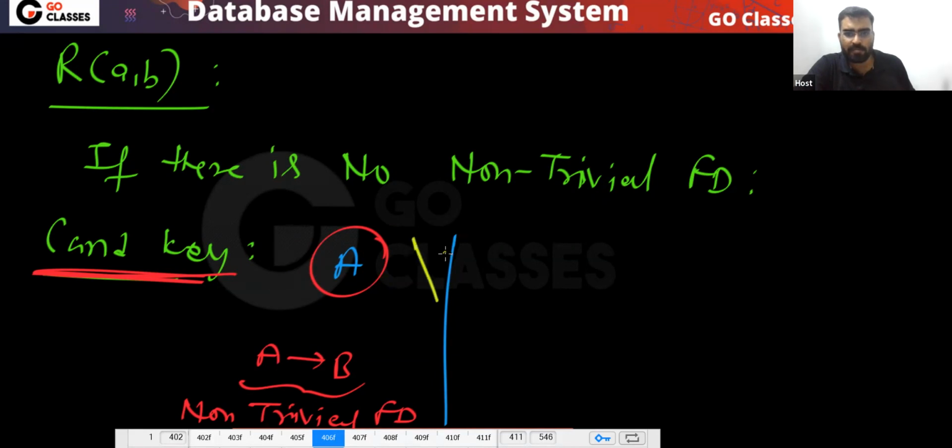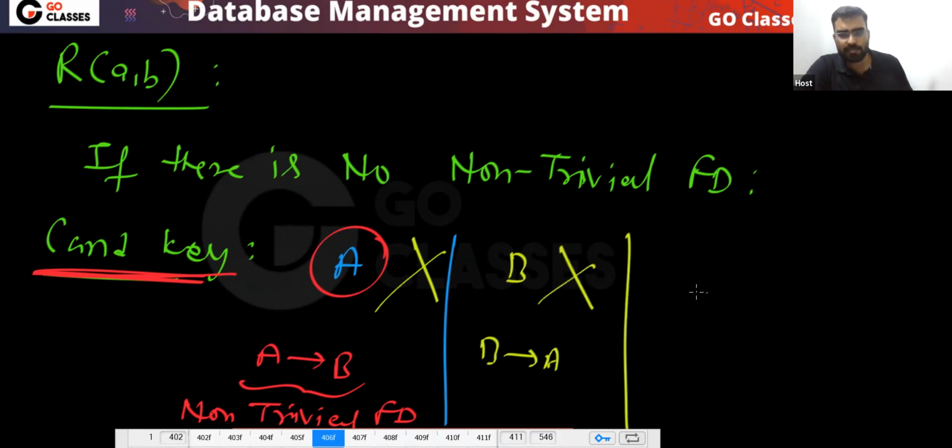So this cannot happen. The same logic, this also cannot happen. What about this? This is correct. So in this situation, the candidate key will be AB.